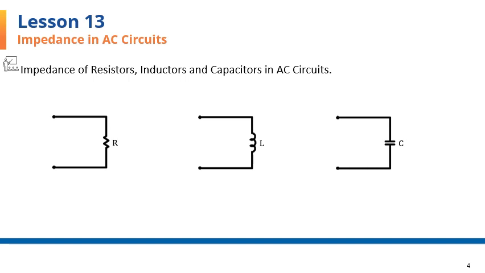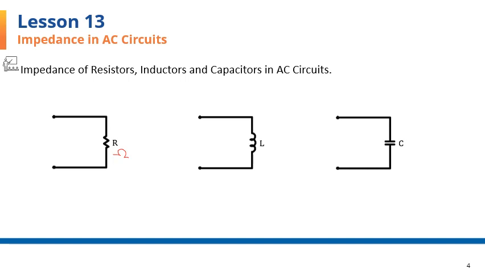Here are each of these elements separately drawn. The unit for the quantity of resistance shown here is ohms, which is indicated by a capital Greek letter omega.